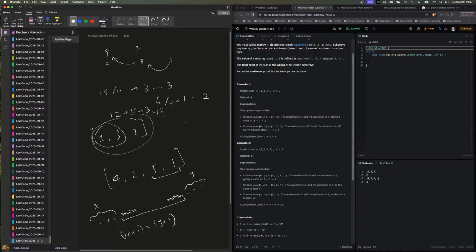I need to keep, so secondary, we want the max. So we do the same thing, the max will pair with the second min, right? Secondary min. So we start with the max and the min, and the next one will be max and the secondary min, and then we do the same thing, and we keep doing this.